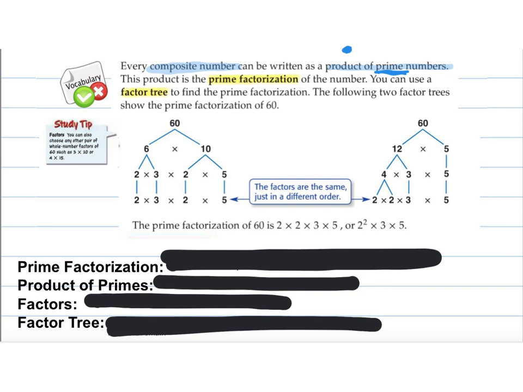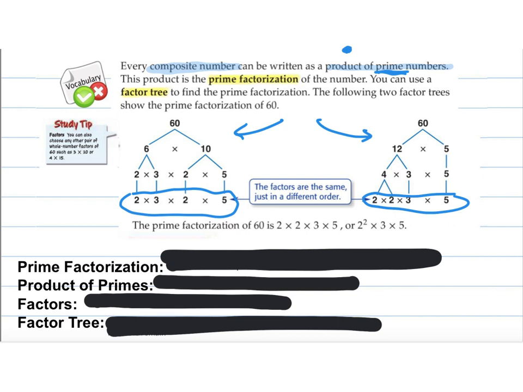So we use a factor tree, a little vocabulary, to break down a number by factors we know until all we're left with are the prime numbers that make up what we have. Notice, we did this different ways. This person started with dividing by 6 and 10, factors of 60. This person started with 12 and 5, also factors of 60.